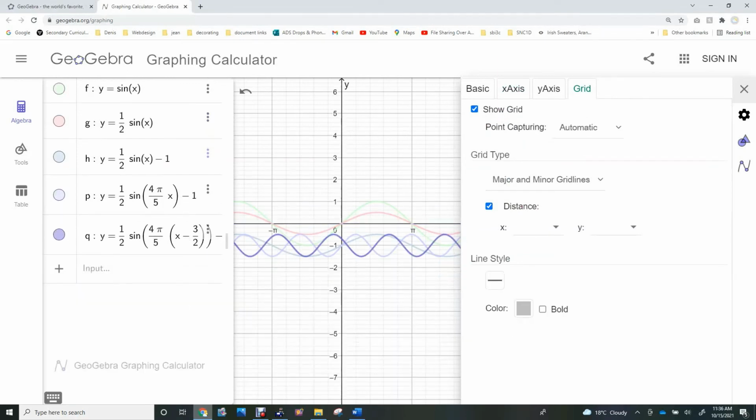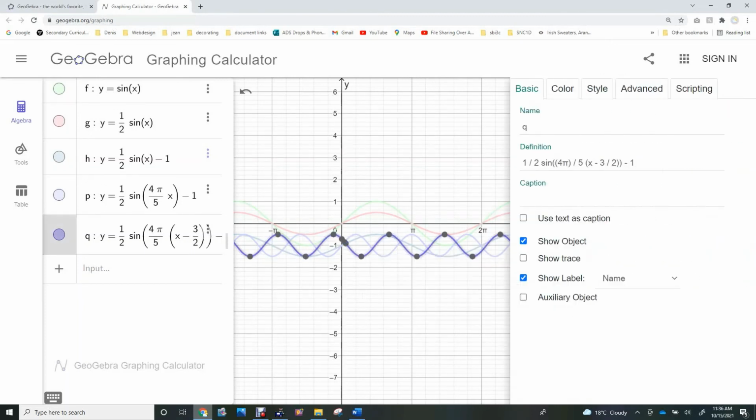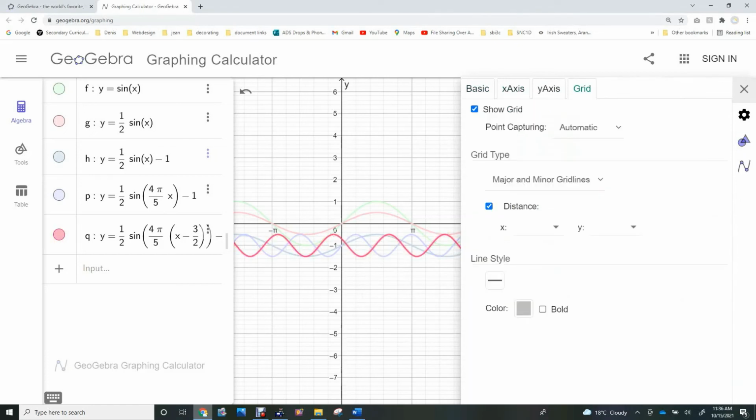All right, and that gives us our final graph. And that's shown here in, let's change this color. Let's make it really stand out. So we will use a bright color here. All right, so what actually happened is that the phase shift was to the left. Okay, so instead of starting here at 0, it shifted to the left.